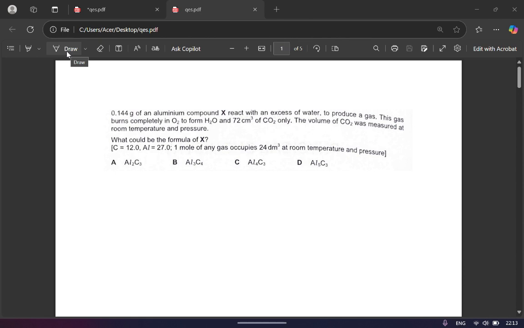And also, it's very important to pay attention to units and never mix up centimeter cube and decimeter cube or vice versa. So now let's consider the following question.